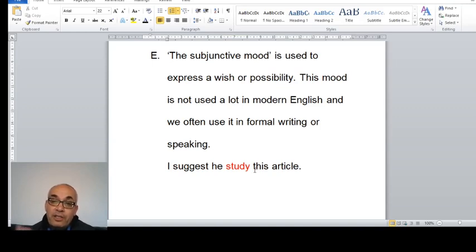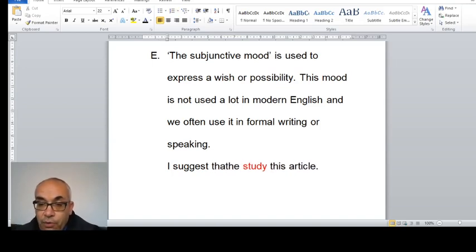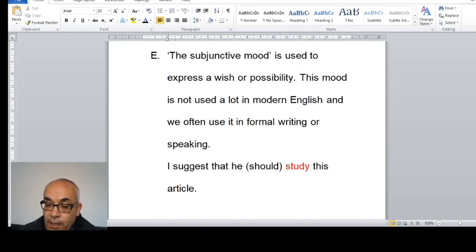Of course, here you are suggesting. You can also use I recommend, I demand. We have so many verbs, and after them you use a sentence. Of course, you can use that if you want, and I put should here between brackets for you to remember. It means you can leave it or you can delete it.